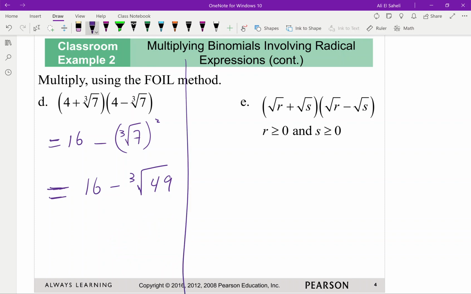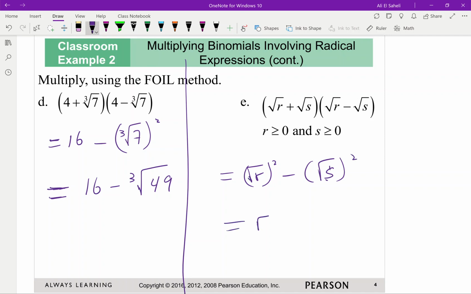All right. Again, A plus B times A minus B. A in this case is radical R, and B is radical S. So A squared, which is radical R squared, minus B squared, which is radical S squared.